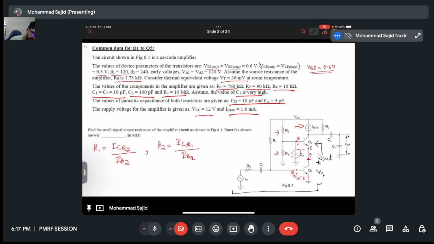IB1 is the current going into the base terminal of transistor Q1, right? Since this C1 blocks the DC path, what I can do is check now across the R1. This IB1 flows through this resistor and follows this path. Since there is a capacitor C1, it blocks this current, so the whole current goes in this direction.